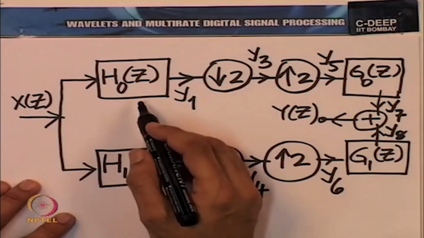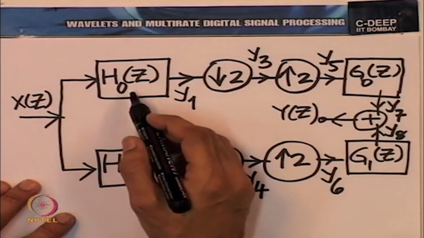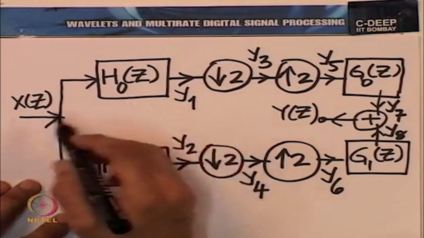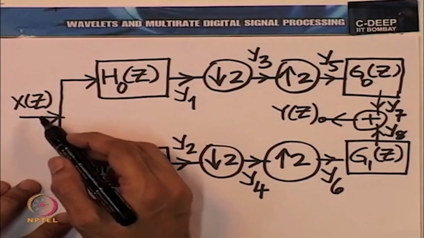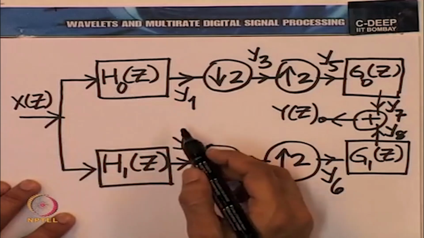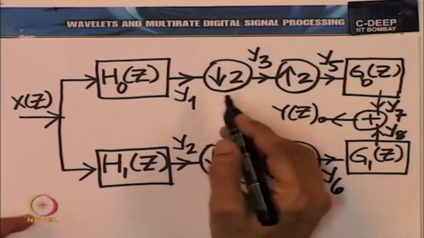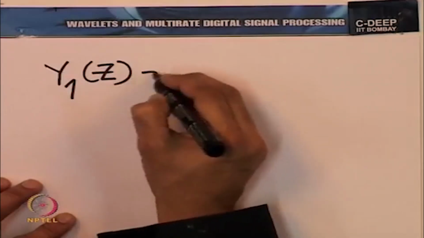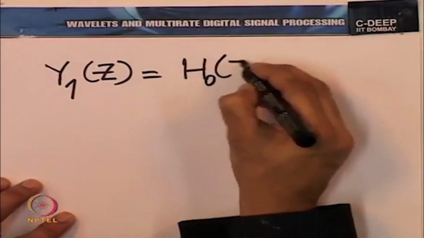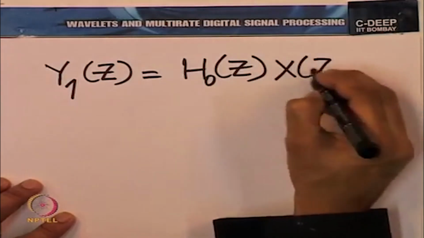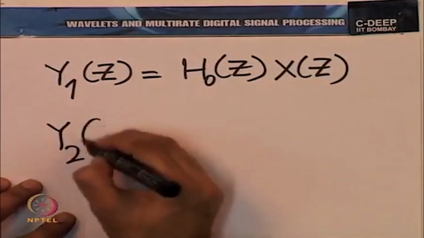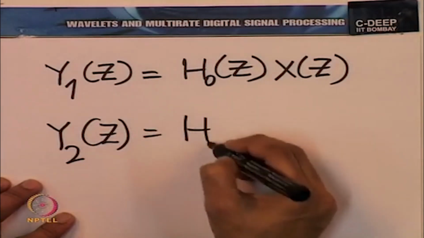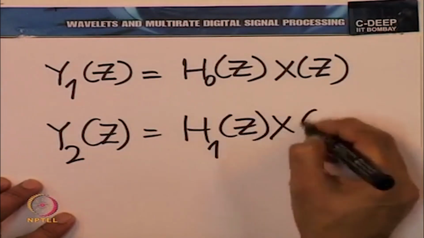When we filter with a filter of system function H0(z), the effect is to multiply the Z transform of the input by the system function of the filter to produce the Z transform of the output. And therefore, Y1(z) and Y2(z) are easy. Y1(z) is H0(z) X(z), Y2(z) is H1(z) X(z).